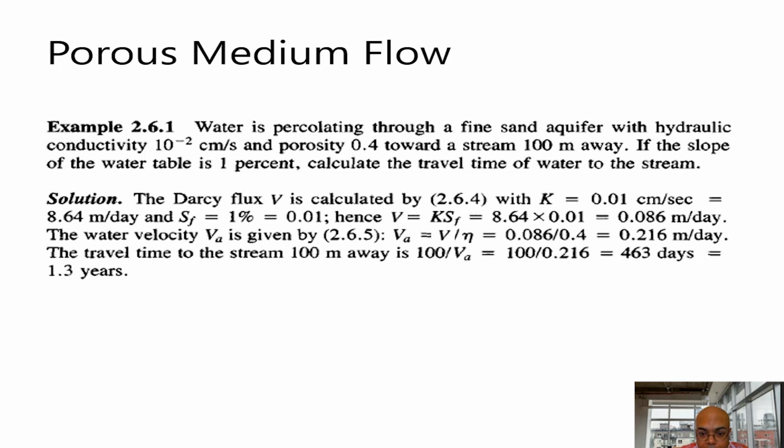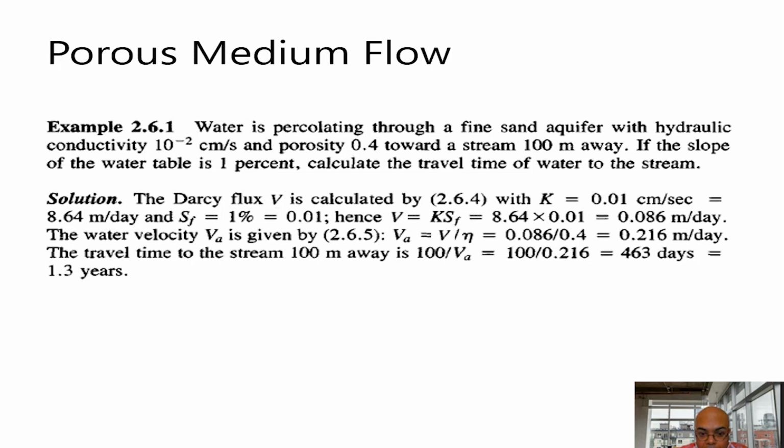But this is a gross velocity. The actual velocity through the pores, VA, is equal to V by eta, where eta is the porosity of the fine sand, given as 0.4. So VA is equal to 0.086 by 0.4, that is 0.216 meter per day.